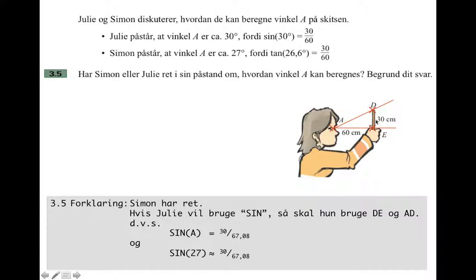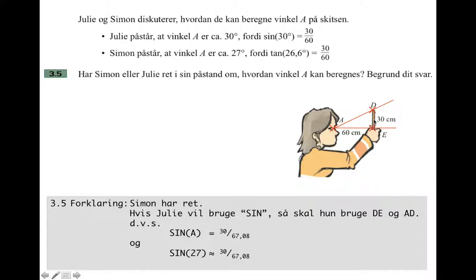And then I've written, if Yulia wants to use sine, she needs to use DE and AD. So that's DE, the 30, and AD, the hypotenuse, because sine equals opposite over hypotenuse. So in other words, she will have to use sine of A equals 30 divided by 67.08, because we worked out that the hypotenuse was 67.08 earlier.